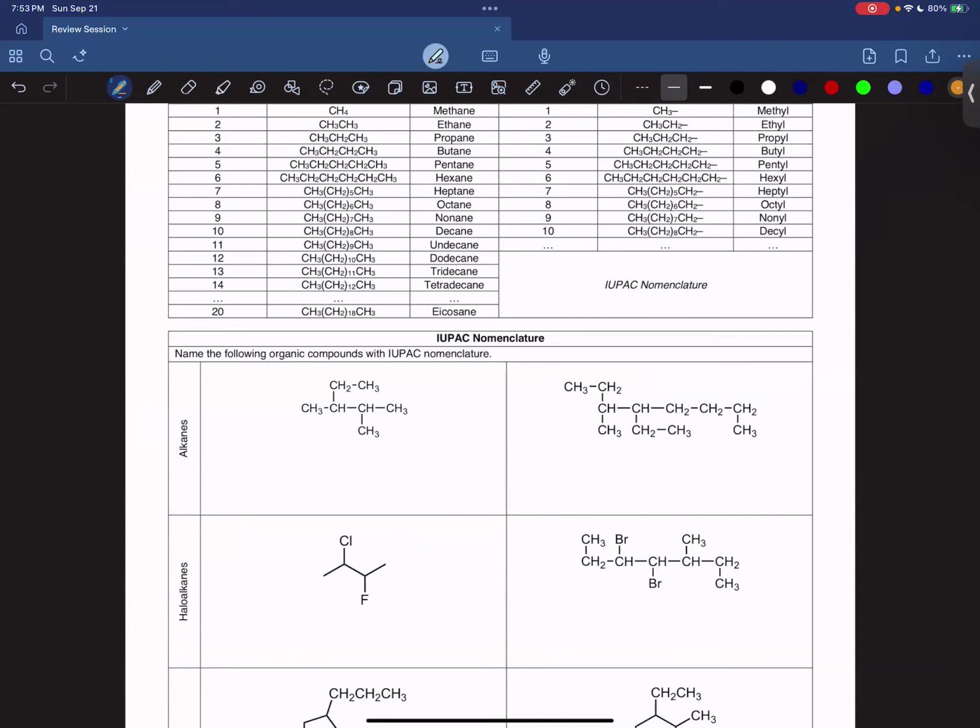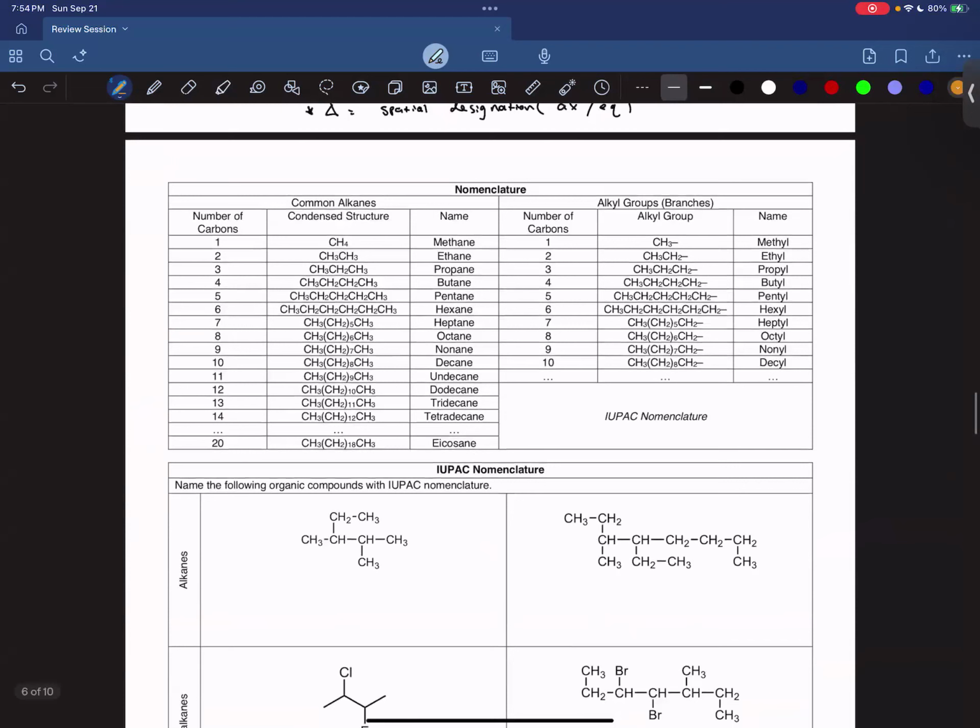Okay, I just want to make sure you can see the group. All the stuff is really confusing.